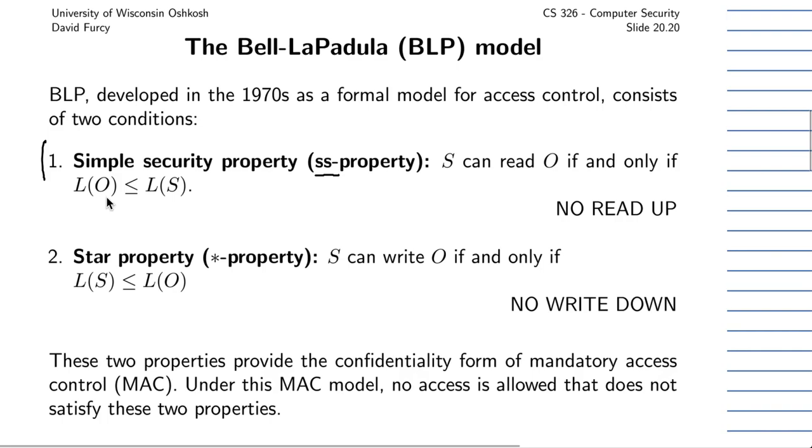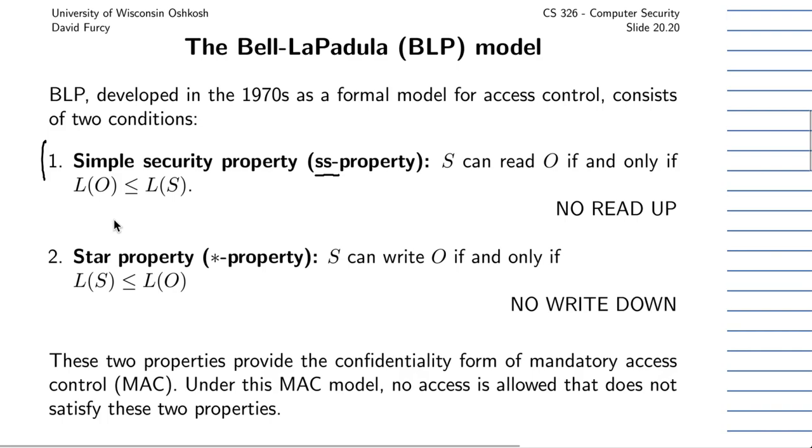So, in other words, a person with a security clearance of, say, secret can read documents whose classification is either secret or lower. So, a secret clearance person can read all the documents that are at the secret level, or the confidential level, or the public, or unclassified level.